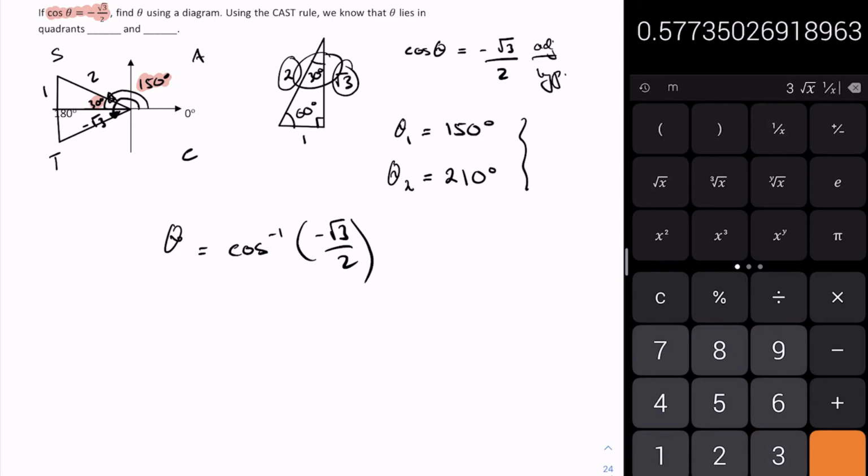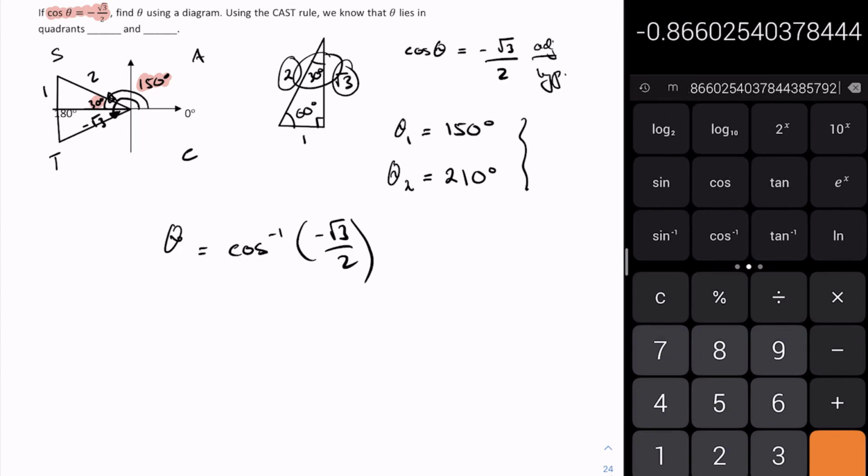Square root of 3, divided by 2, equals that. So I'm going to make that negative and then do the inverse.